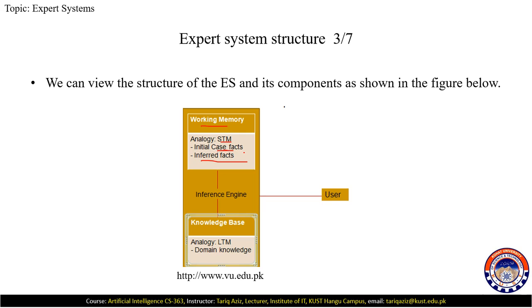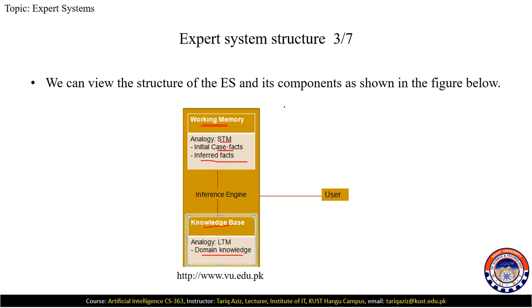So the expert system will save all these facts in its working memory. Now what will be in the knowledge base? In the knowledge base, the domain knowledge will reside. The knowledge base will store the domain knowledge, and the analogy is long term memory.